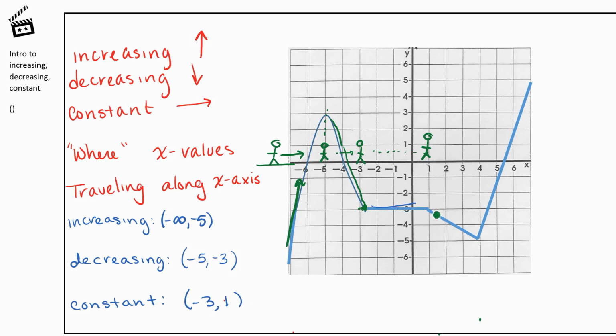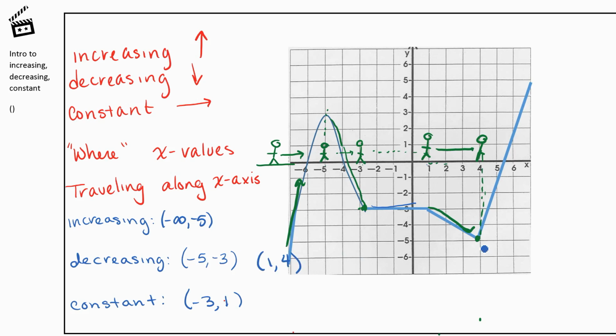Now it starts dipping again. It starts going down until it hits this lowest point at 4. So for this part of the journey, the graph was going down. That's decreasing. So from 1 up to 4, the graph is decreasing.